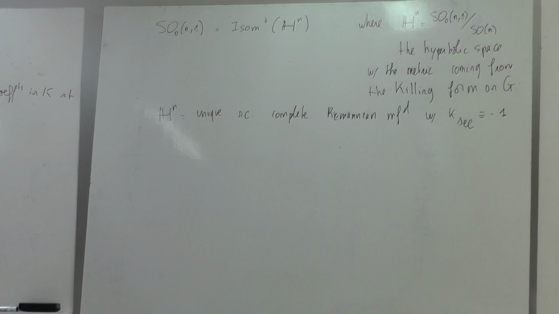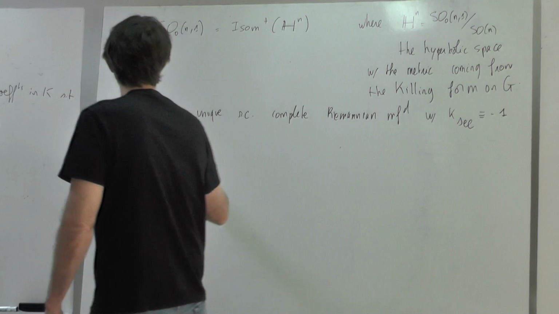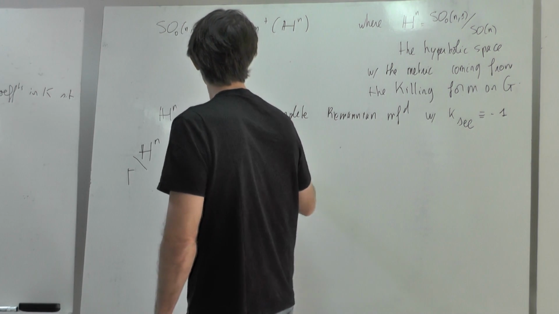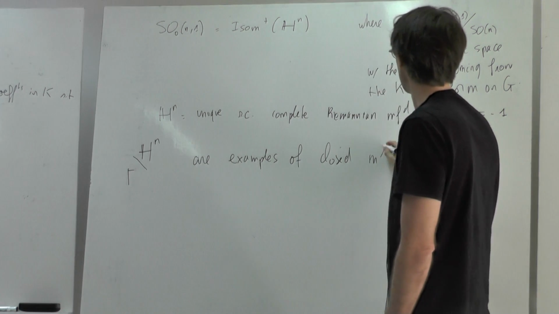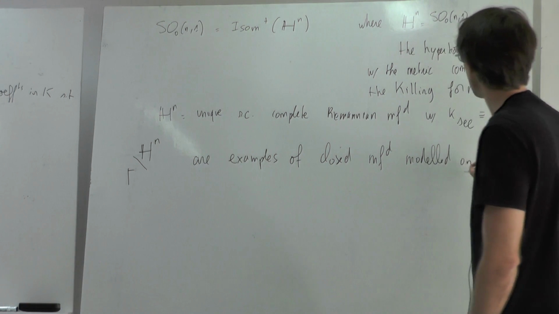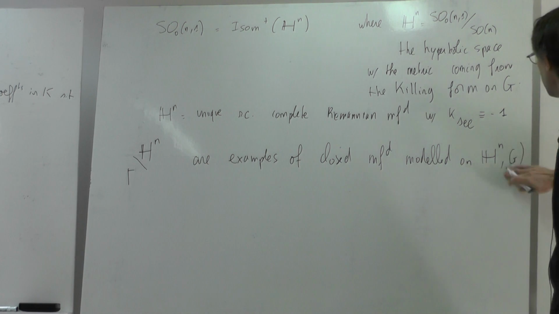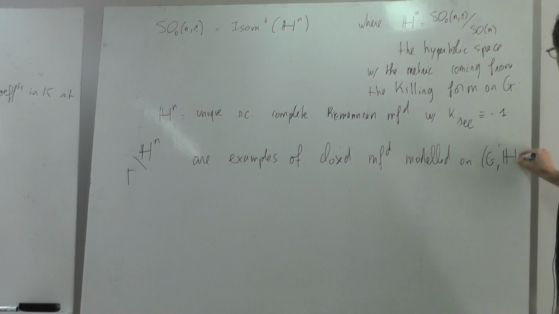And this group provides examples of that, because H^n over gamma are examples of closed manifolds modeled on the geometry given by H^n and the group of transformations given by G.